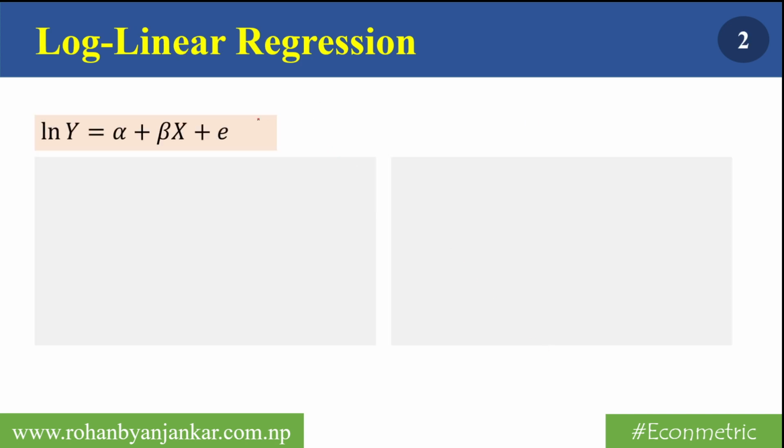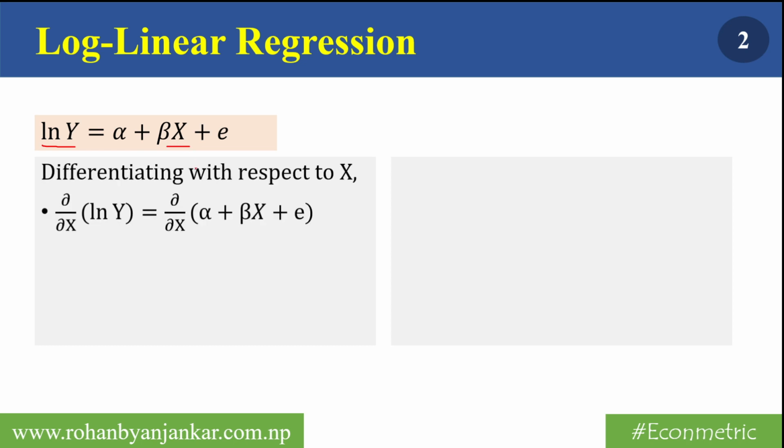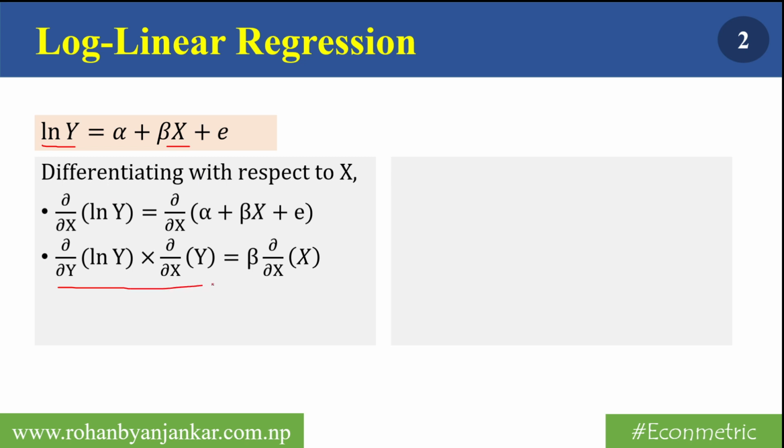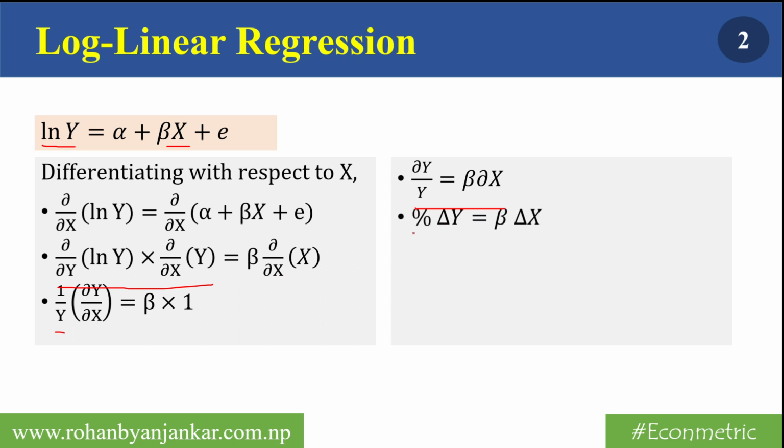Now heading towards log linear. It is called log linear because we have log in y and it's linear in x, no log on the right hand side. We will continue with similar steps. Simply it will be 1 by y times the change in y, but it's simply change in x.